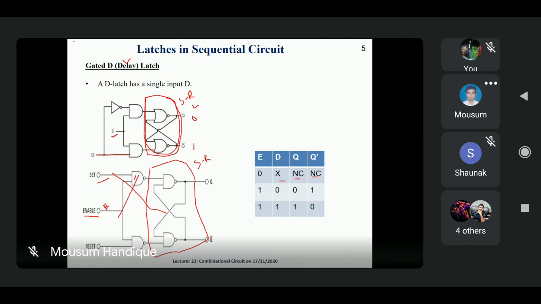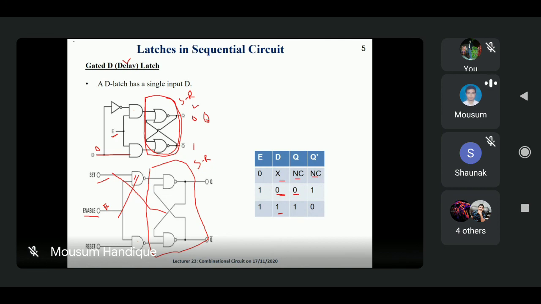Okay. But when the enable E equal to 1, that means enable is on, E signal is active. That time what happens? If D equal to 0, then Q equal to 0. Are you getting my point? When enable is 1, D equal to 1, you can put the value here, then you can get this particular output, suppose this one is Q. When D equal to 0, this particular value is 0, you can try yourself.